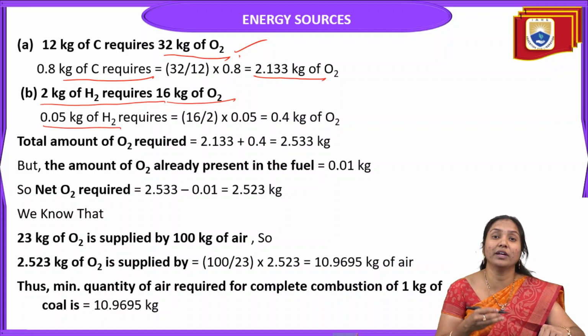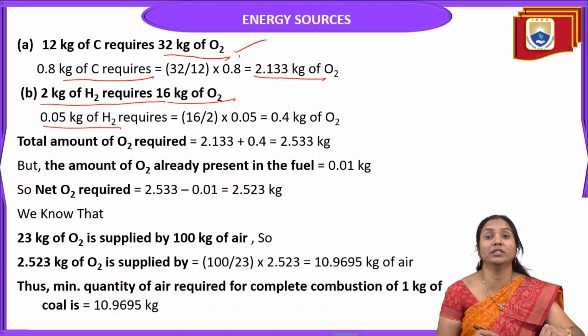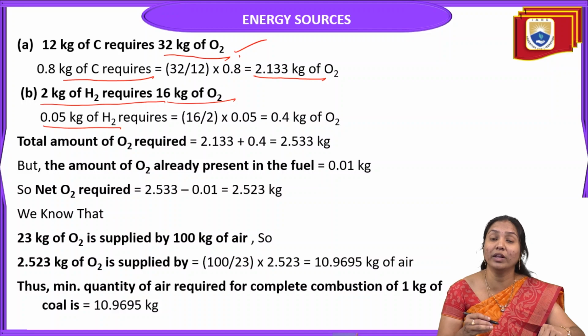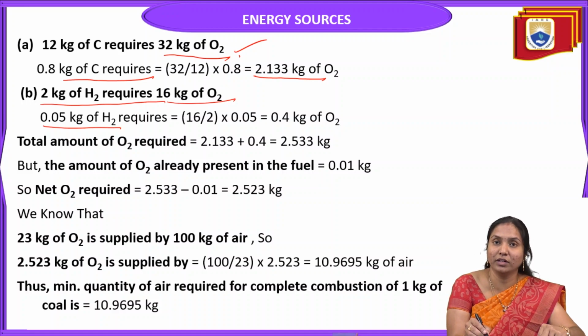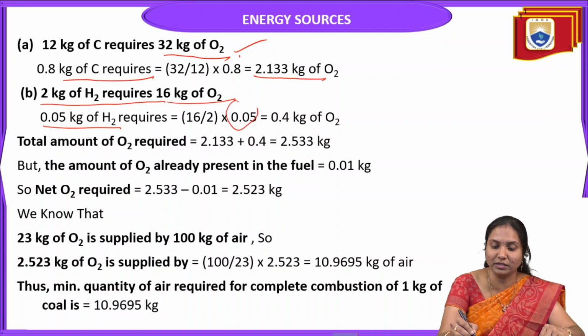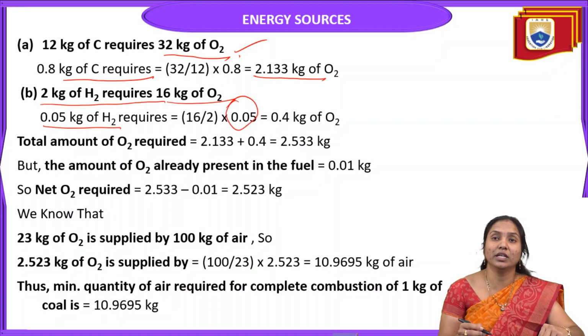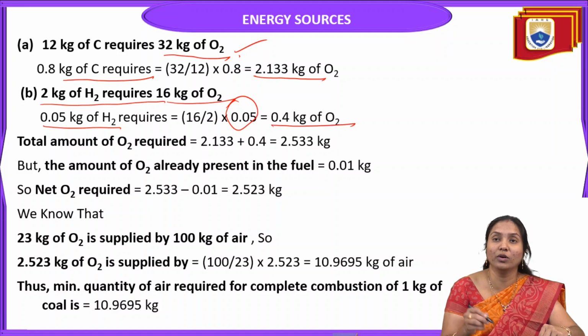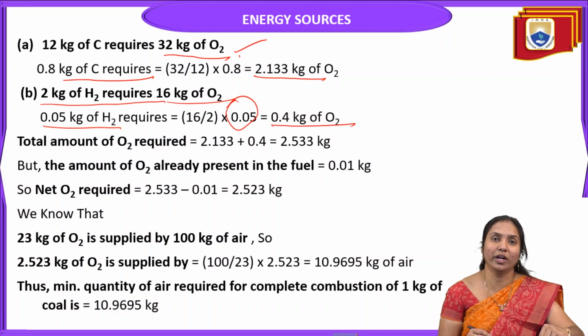So 0.05 kilograms of hydrogen requires how many kilograms of oxygen? You can calculate 16 by 2 into 0.05, which is equal to 0.4 kilograms of oxygen required.